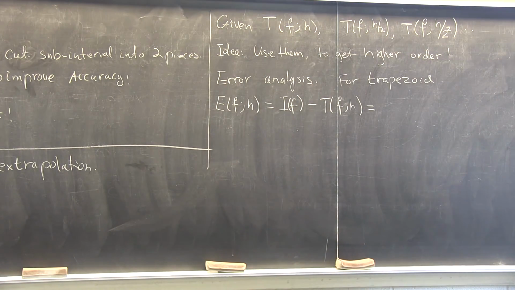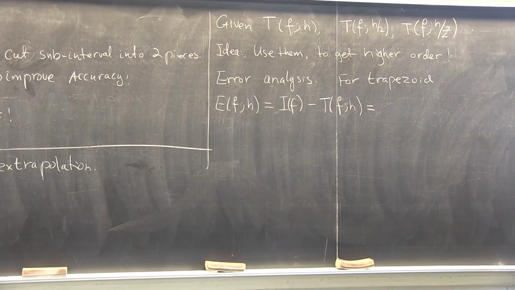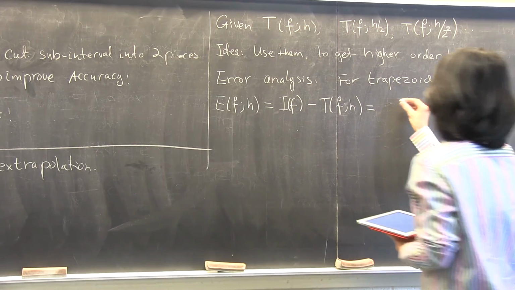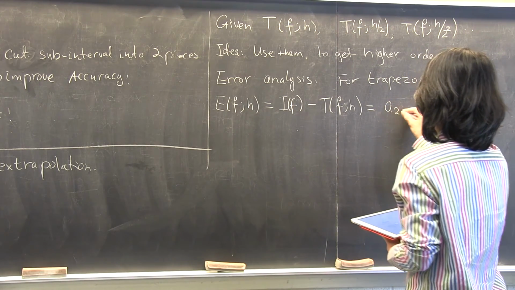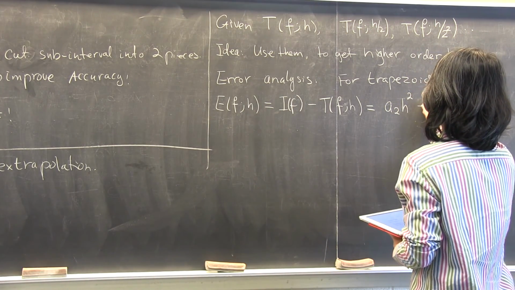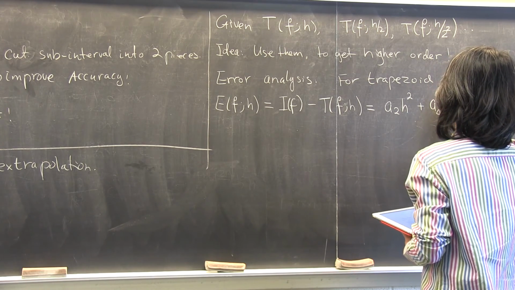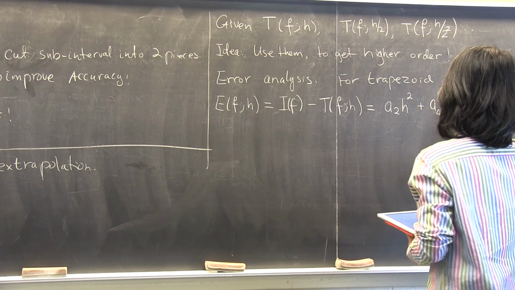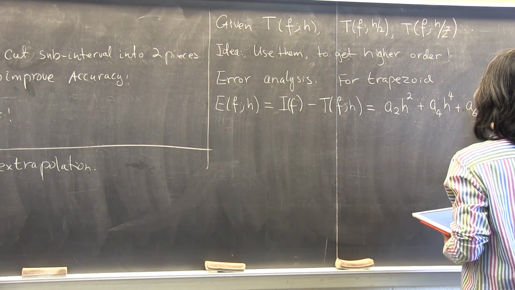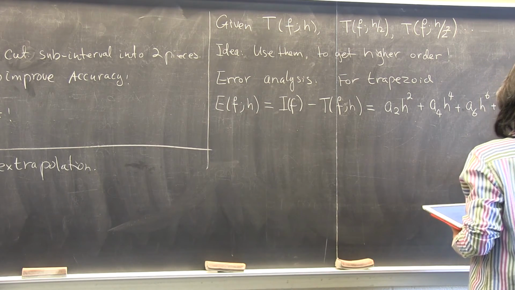I'm not going to prove this, so I have to say assume this holds, but one can prove it. So it is a2 h squared plus a4 h to the fourth plus a6 h to the sixth plus dot, dot, dot.